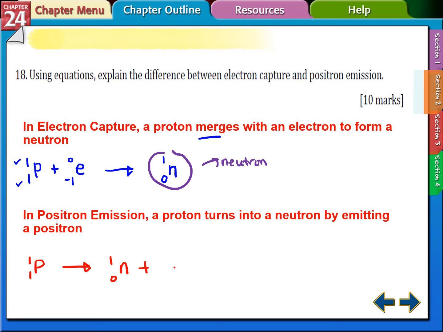The symbol of a positron is just the opposite of an electron, so we have 0, and instead of a negative 1, we will have a positive 1. You could double check: 1 plus 0 gives us a mass number of 1, and 0 plus 1 gives us an atomic number of 1. And this is the answer to the question.